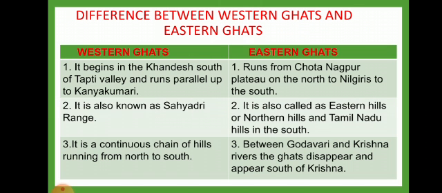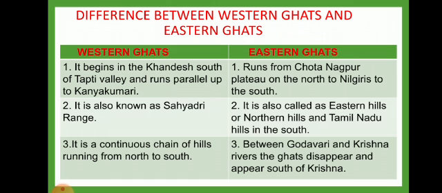Now let us see the difference between Western Ghats and Eastern Ghats. First point: Western Ghats begin in the Khandesh, south of Tapti Valley, and run parallel to Kanyakumari. Eastern Ghats run from Chota Nagpur Plateau in the north to Nilgiris in the south.